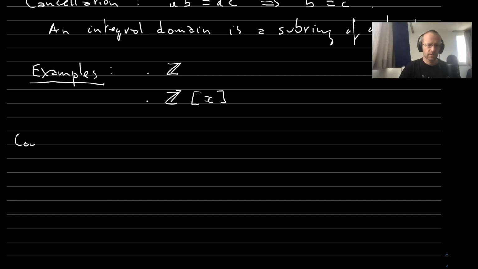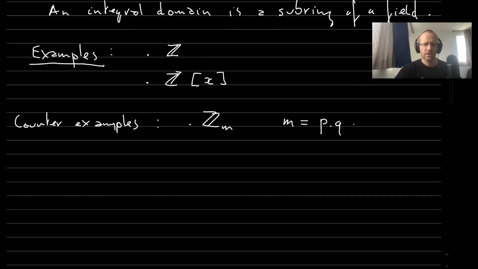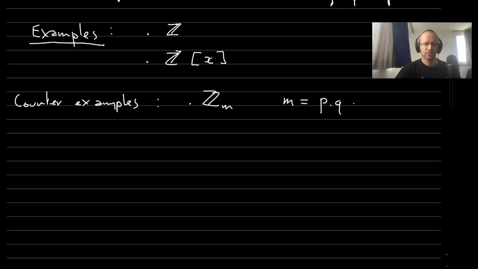Counterexamples, which are not integral domains, are, for instance, Zm, where M is composite, because then P times Q is M, which is equivalent to 0 modulo M, and therefore this is a counterexample.